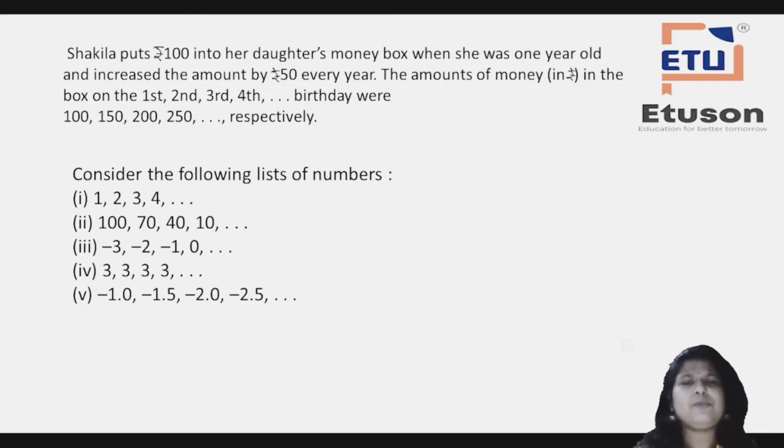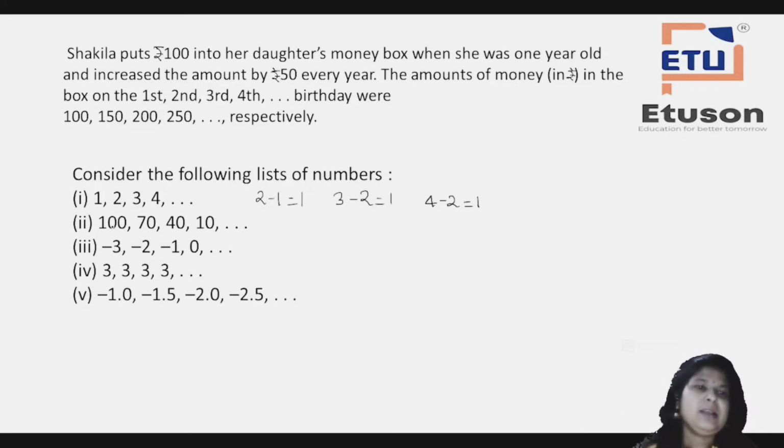So consider the following list of numbers, that is 1, 2, 3, 4. So in this, what is the difference between the subsequent numbers, that is 2 minus 1 is 1, 3 minus 2 is 1, 4 minus 3 is 1. So each number, if you compare, each number is one more than the previous number.